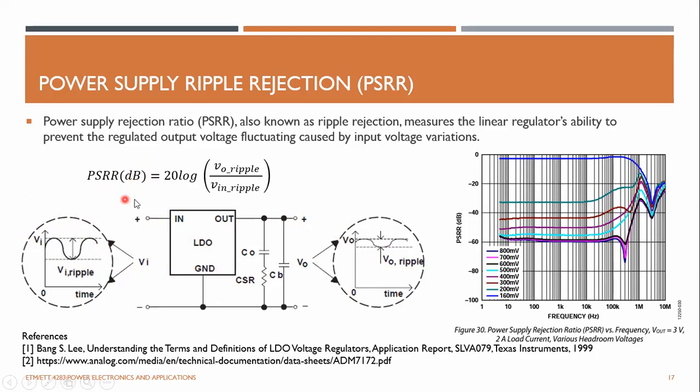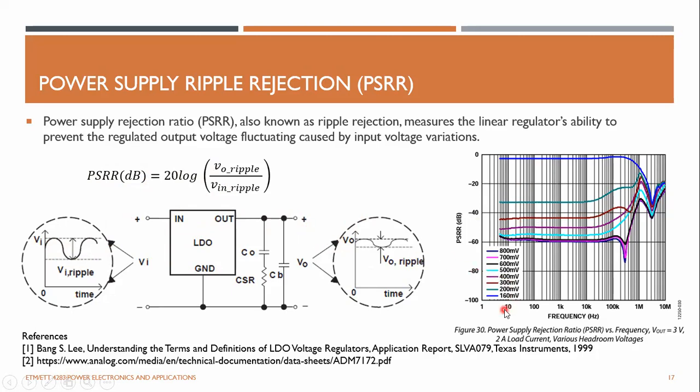The power supply ripple rejection ratio is the ratio of the output voltage ripple appearing at the output side to that of the input side. So if you have higher PSRR, it means this LDO or linear regulator can suppress more noise and keep your output side noise-free.